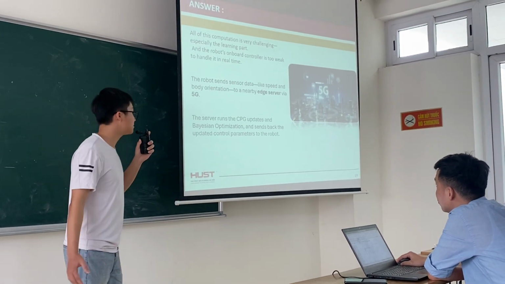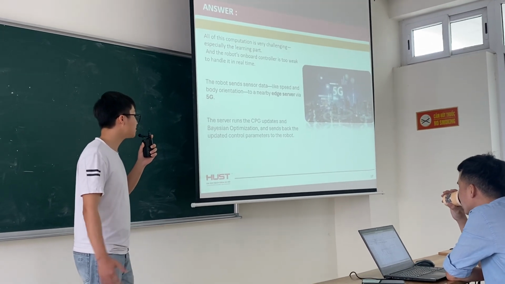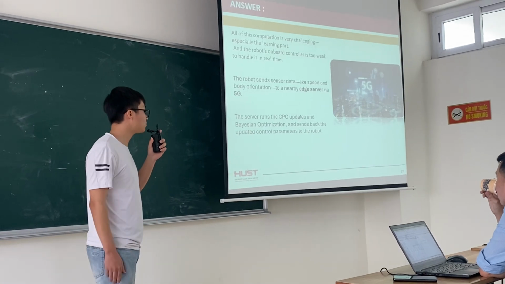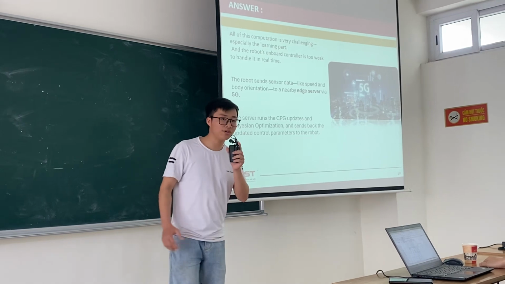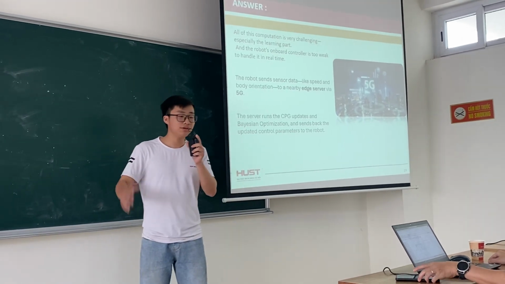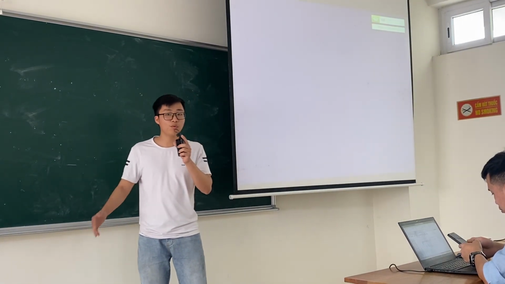The server runs the CPG updates and Bayesian optimization and sends the updated control parameters back to the robot. It offloads the heavy computation, reduces latency, and allows the robot to learn and adapt while moving.